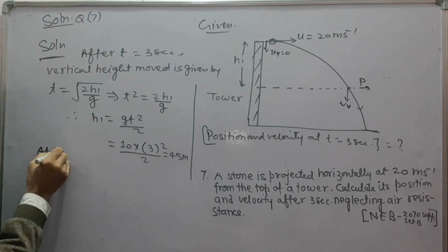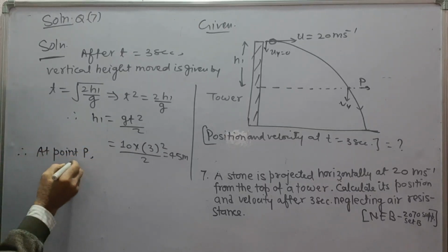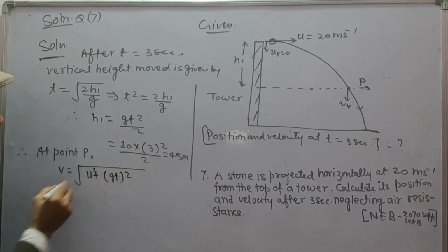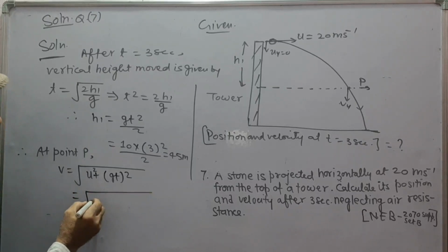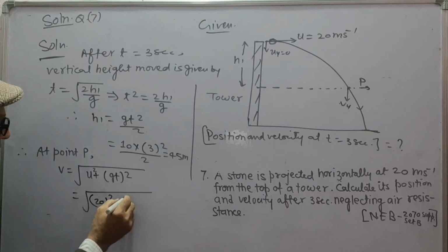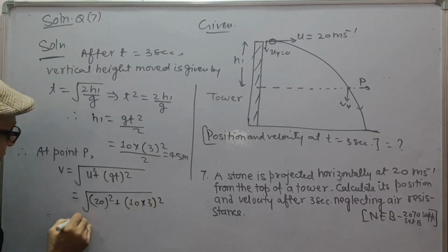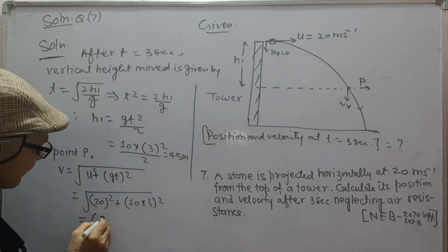Therefore at point P, resultant velocity will be equal to square root of u square plus vy square. u is 20, 20 square plus 10 into 3 square, which gives 36 meter per second.